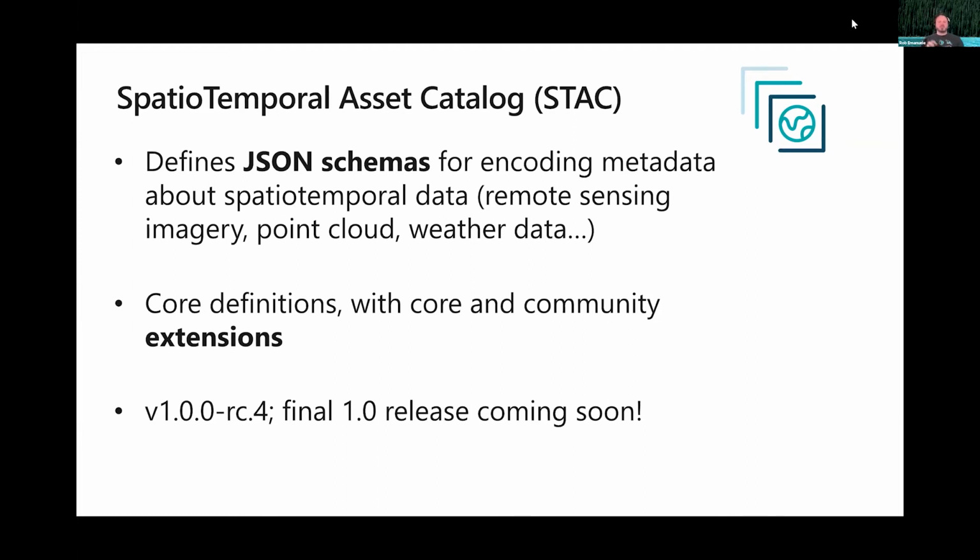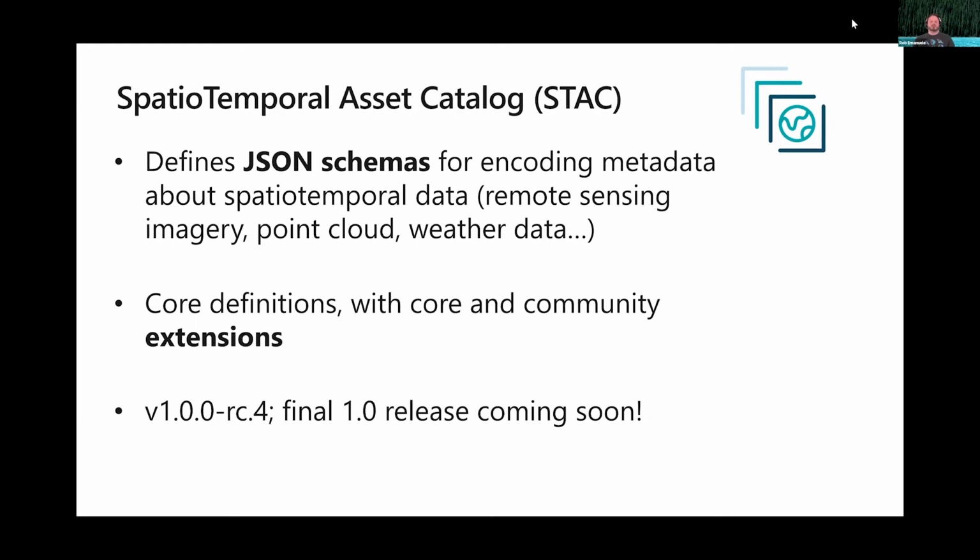So there's a set of core definitions. Yes, it's based in Earth observation, but it's meant to capture all spatiotemporal data, or at least be able to represent any spatiotemporal data. If it's in space and time, STAC should be able to represent it. There's a set of core definitions that are necessarily pretty abstract, with core and community extensions.